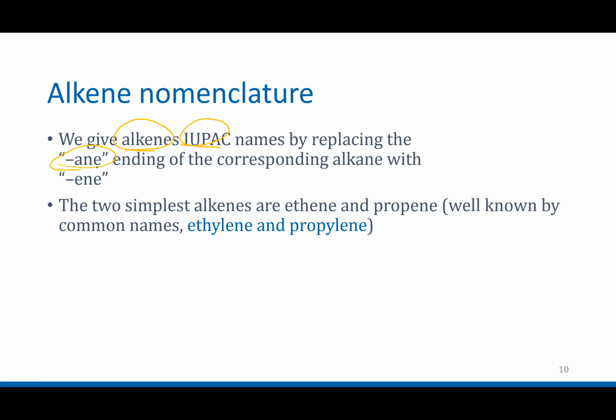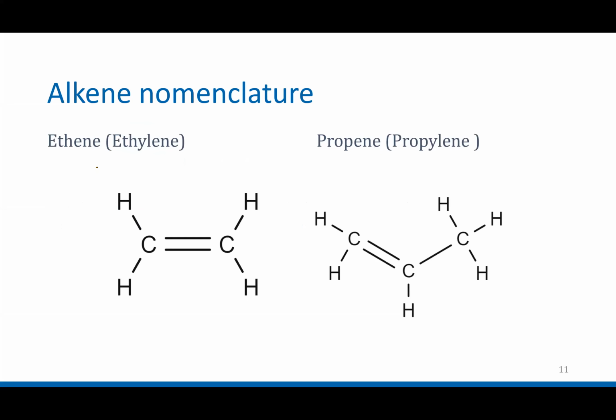Now, there are two simple alkenes, and because they're so simple, they are well known with common names. For IUPAC, instead of ethane, we would call it ethene, and for propane, we would call it propene. We don't need to write where the double bond is because it can only be attached to the first carbon.